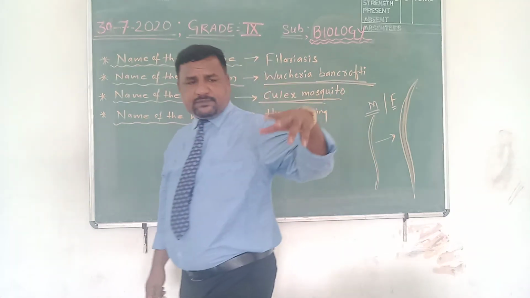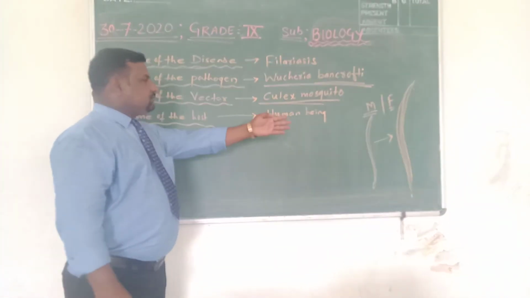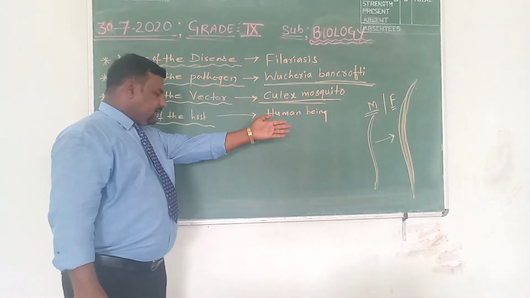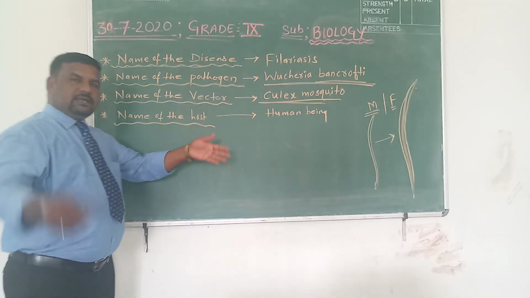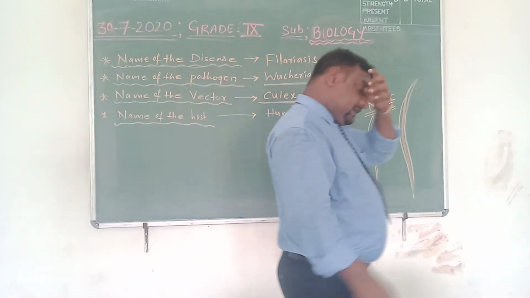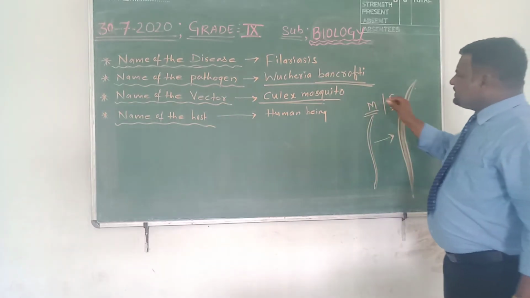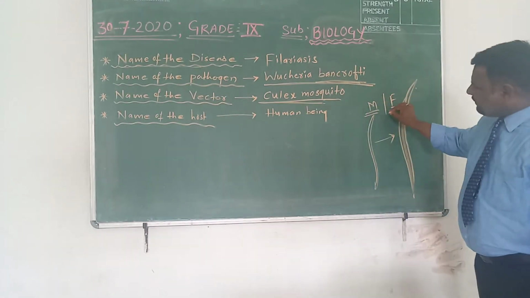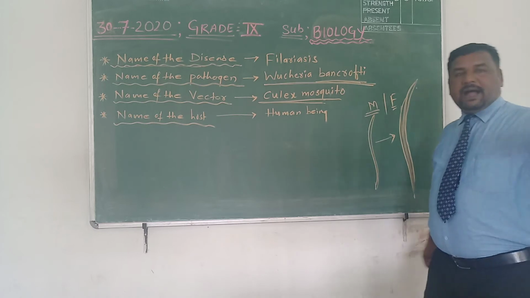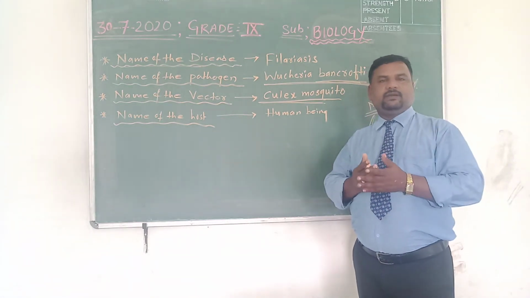When these worms are released into our body, at the initial stage, they are released by this Culex mosquito during its bite into our blood. From the blood, the male and female worms migrate towards the lymph vessels. You know lymph vessels?